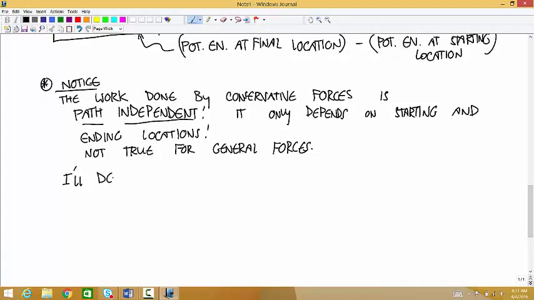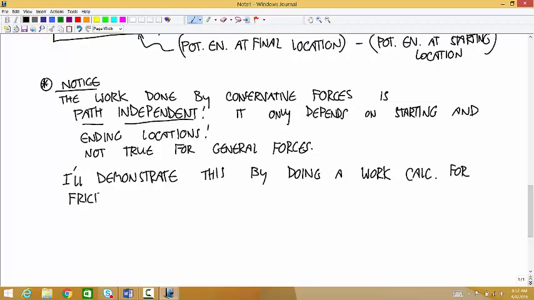I'll demonstrate this by doing a work calculation for friction following two paths.